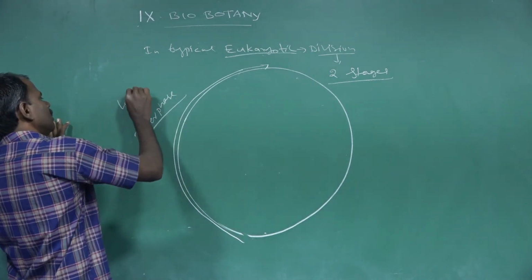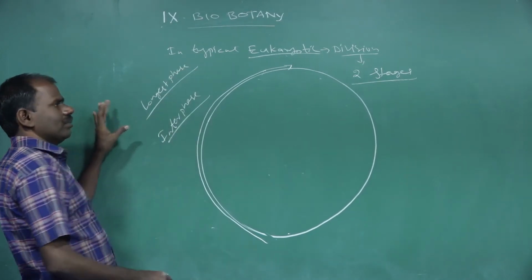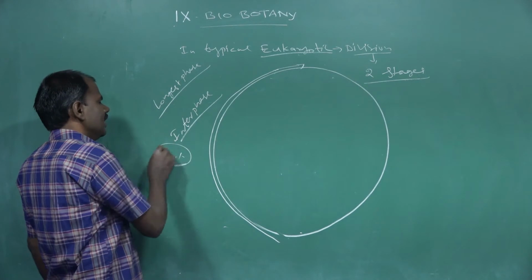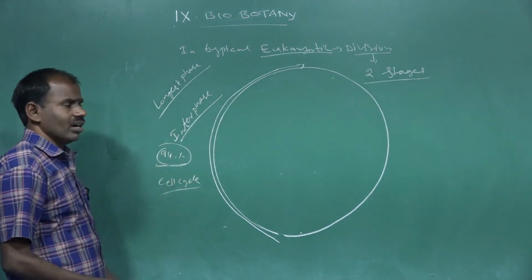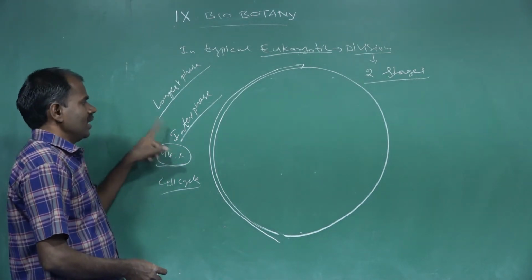Interphase is the longest phase of the cell cycle, about 94% of the cell cycle.